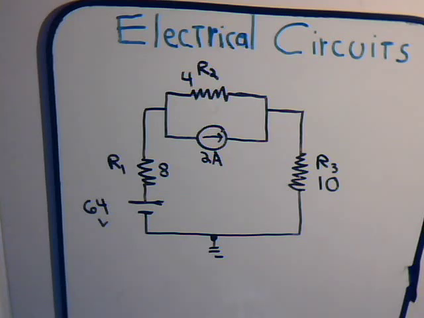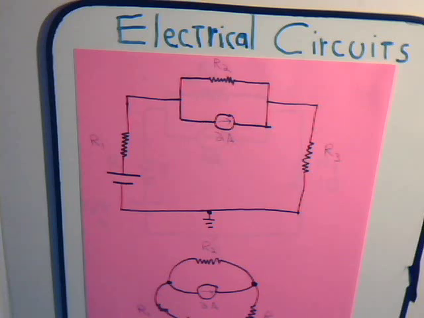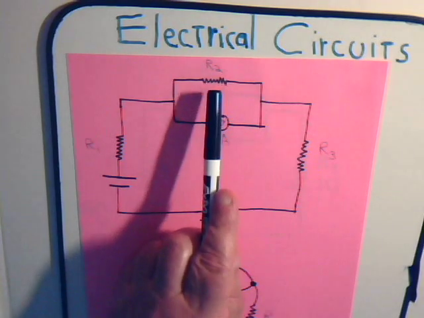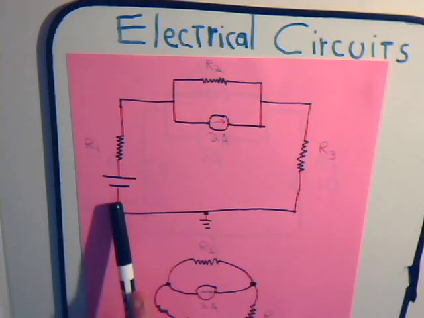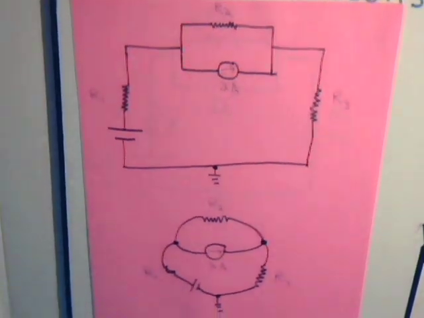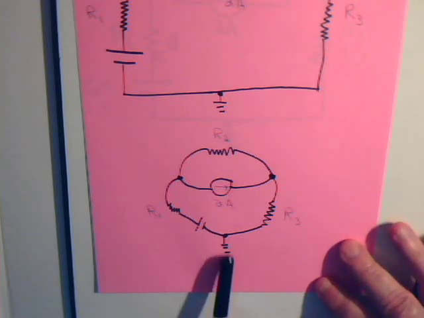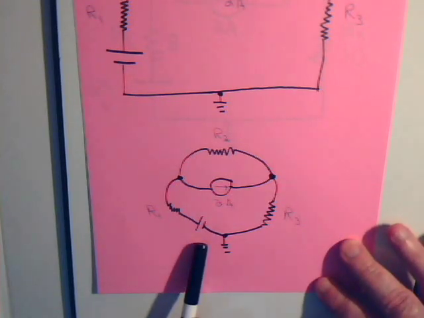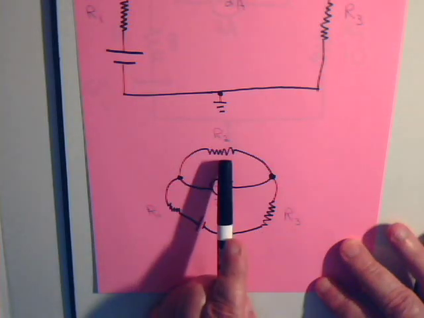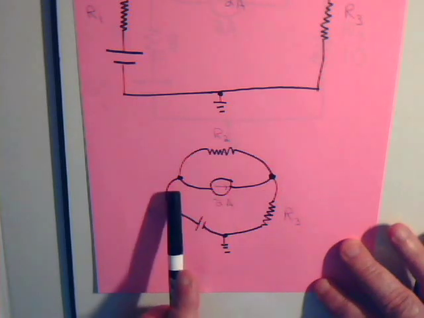And what we've done is we've taken this same circuit, R2, the current source, the battery, and the other two resistors, and we've just redrawn it like this. So you can see here's the bottom node that is grounded, here's the battery, here's resistor R1 and R3, here's resistor R2 with the current source, and here are the two top nodes.